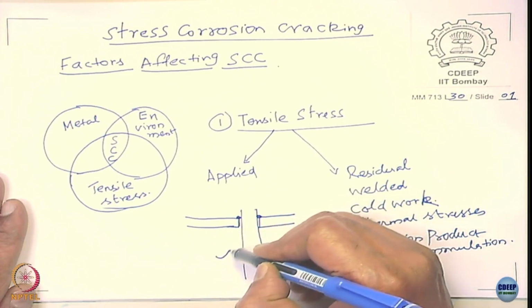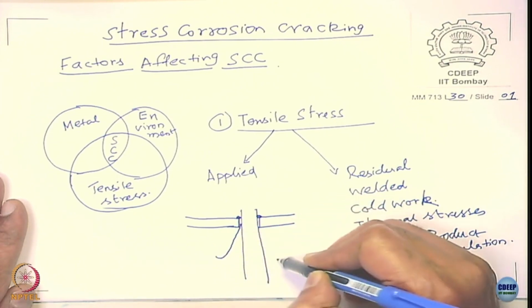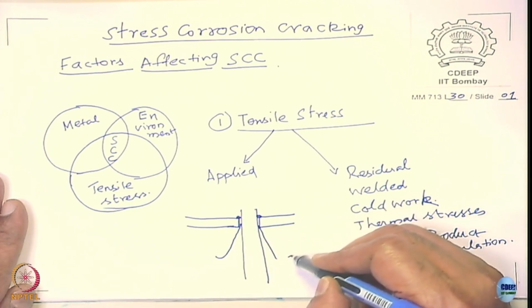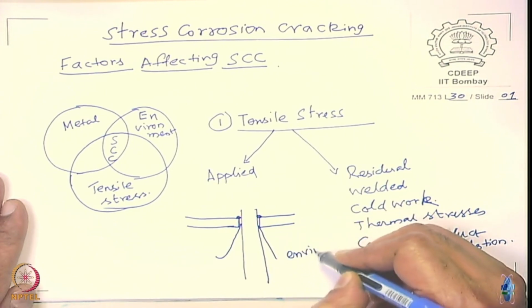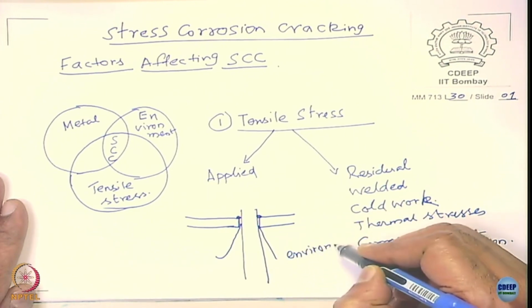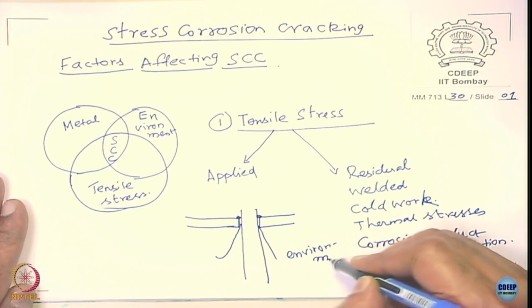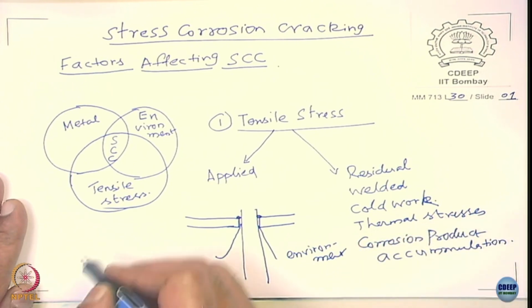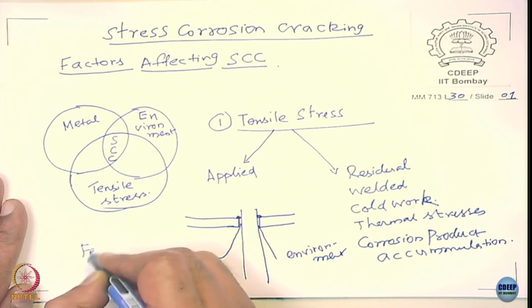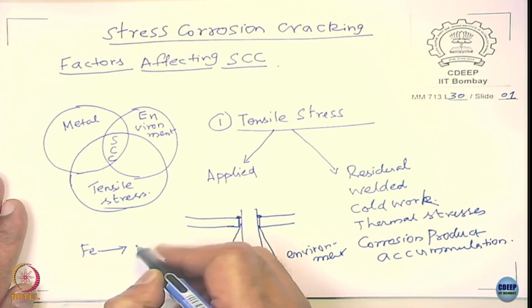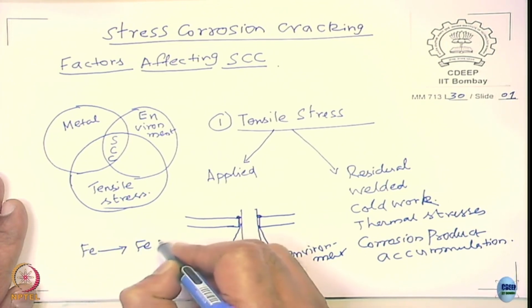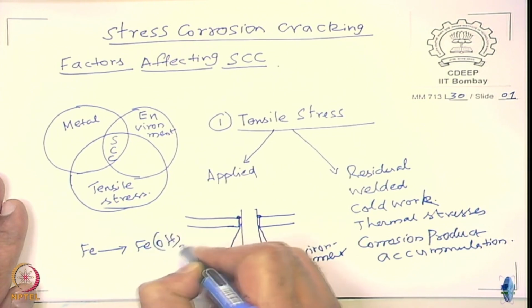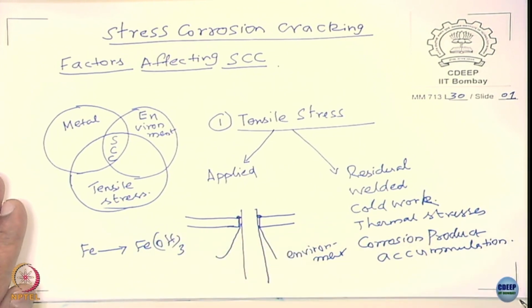Assume what happens, the liquid goes inside, the environment penetrates. What can happen? For example, you have iron. Iron can convert into various corrosion products. One of the products could be iron hydroxide, right.